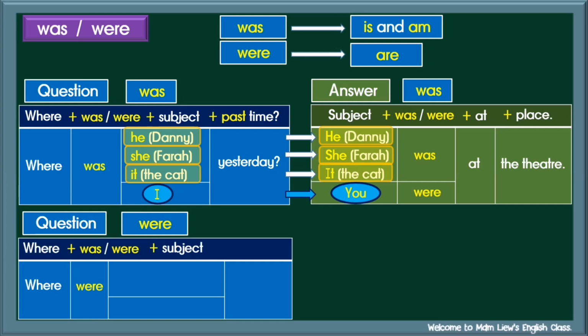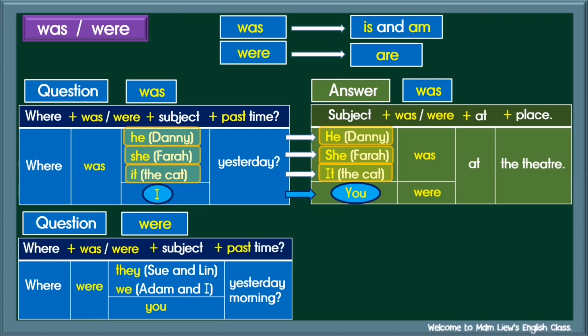The be verb were is used with plural subjects they and we, and special subject you. Then the past time. Example: yesterday morning, and the question mark. Remember, we use were with plural subjects they and we, and special subject you.